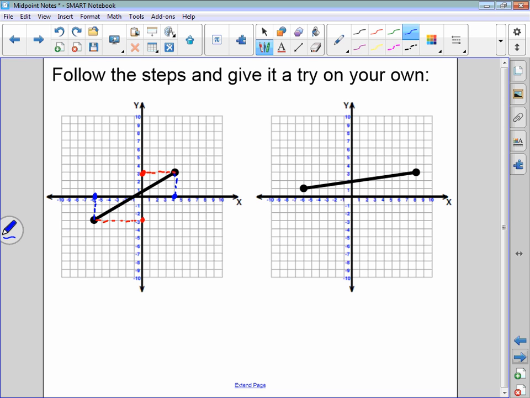From blue to blue, 1, 2, 3, 4, 5, 6, 7, 8, 9, 10. It is 10 long. And for the red, we're looking at, for the y, 1, 2, 3, 4, 5, 6.